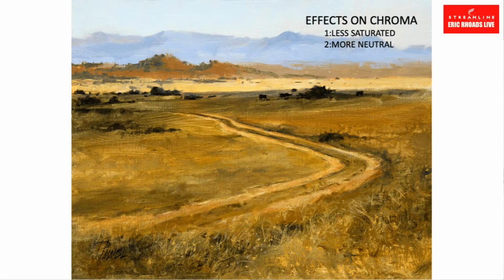These are three moving targets: value, temperature, and chroma, and they're all decreasing as the distance from you increases. So atmosphere affects all three of those things. In the mountains the color's less saturated. It moves more to a neutral gray, even though it's getting cooler, it's getting lighter.